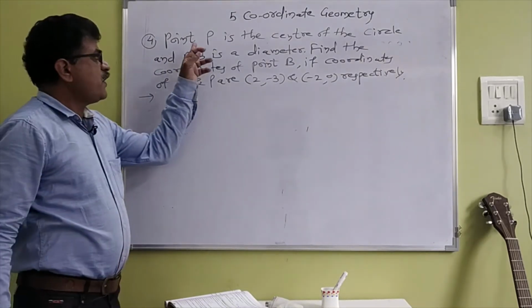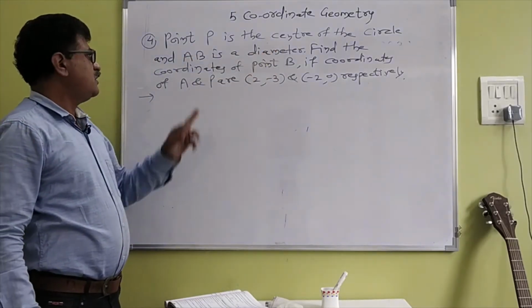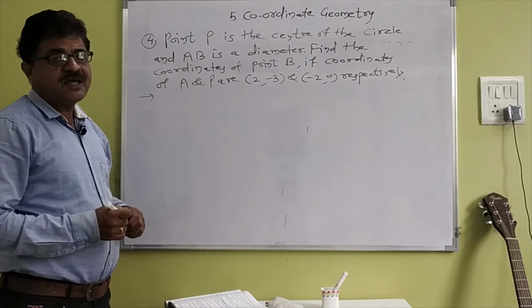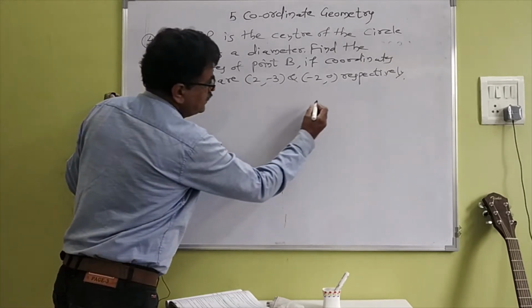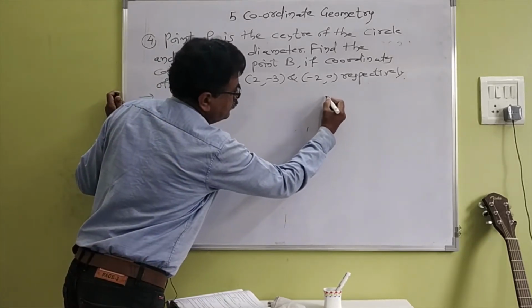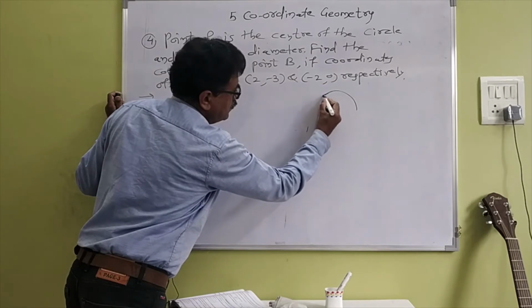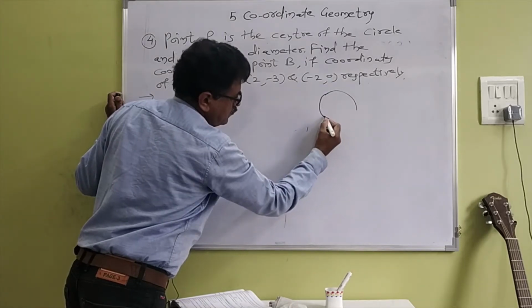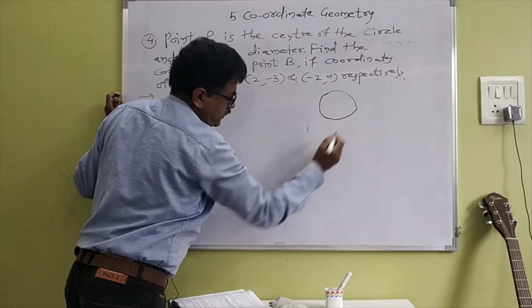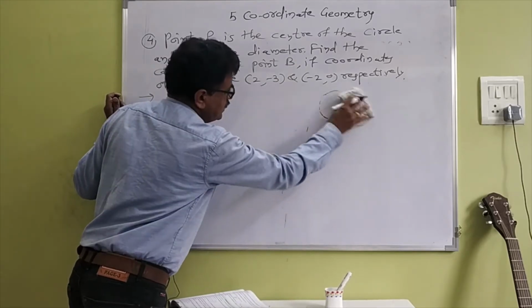Now here, point P is the center of the circle and AB is its diameter. Now by using the given information we draw the figure. Suppose this is a circle.